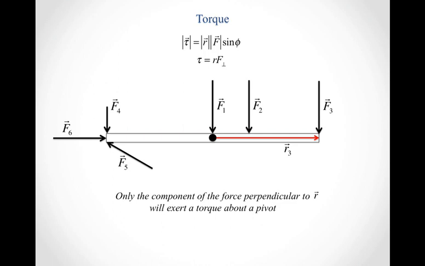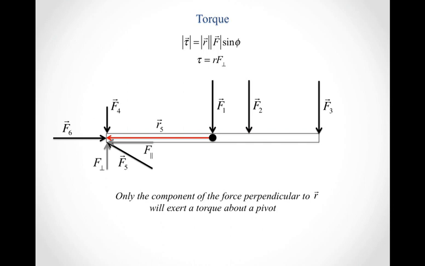again, part of why it is a maximum amount is because all of force 3 is perpendicular. Force 3 only has a perpendicular component relative to that position vector. Force 5, on the other hand, has a perpendicular component that will generate a torque, but it also has a parallel component of the force that won't. And so in rotating force 5 around, what I've basically done is made the perpendicular component of the force smaller and the parallel component of the force larger.